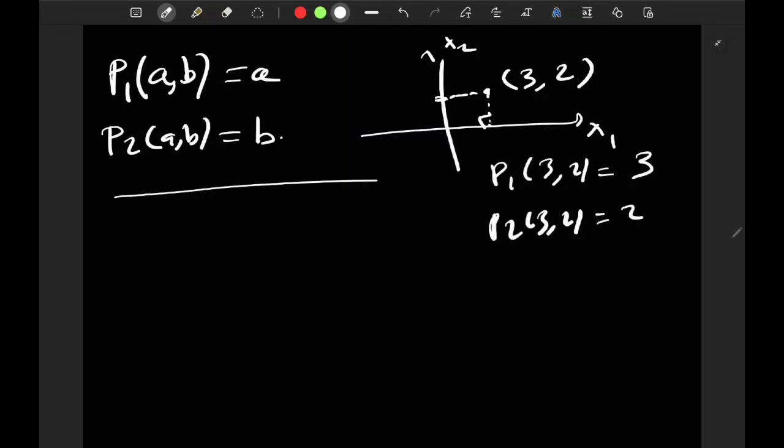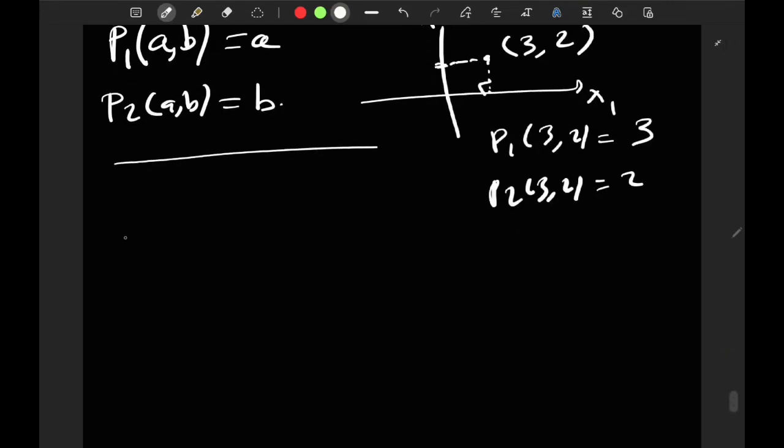And we'll also define another special map u_i, for each given i.